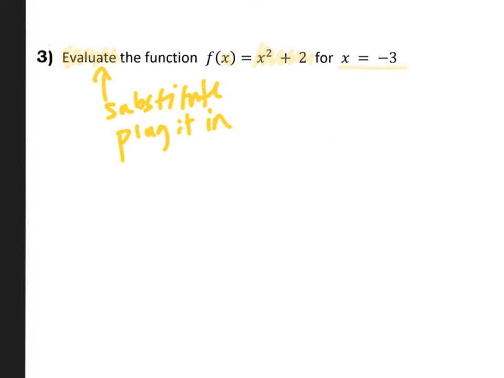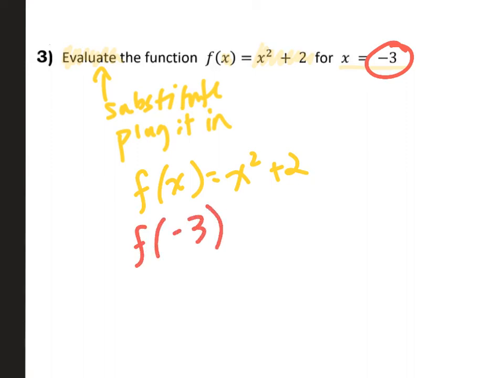So let's actually try that out. So I have f of x equals x squared plus 2. That's my original function. It's telling me to substitute in -3. So I'm going to do that. Instead of writing x, I'm going to write in -3, and I'm going to write in -3 one more time, again in parentheses.